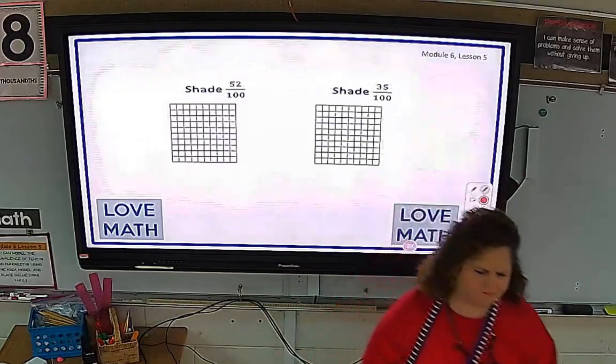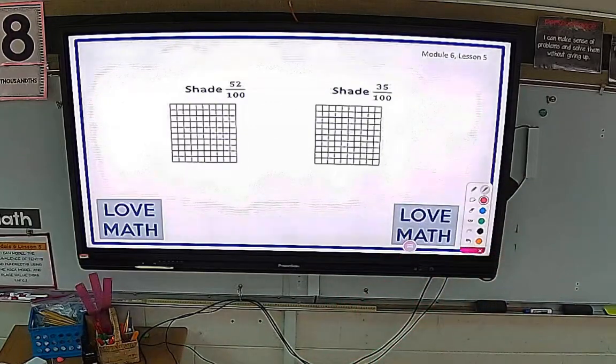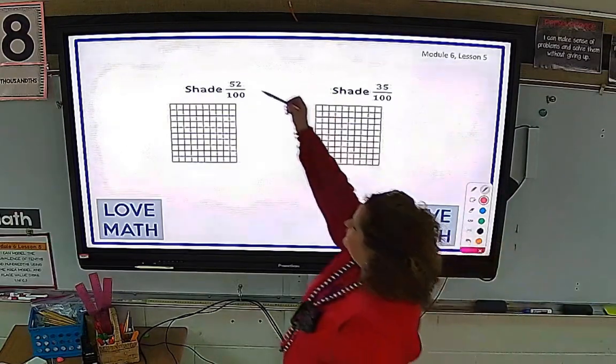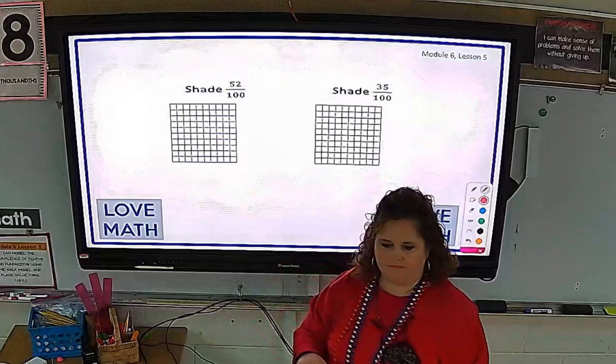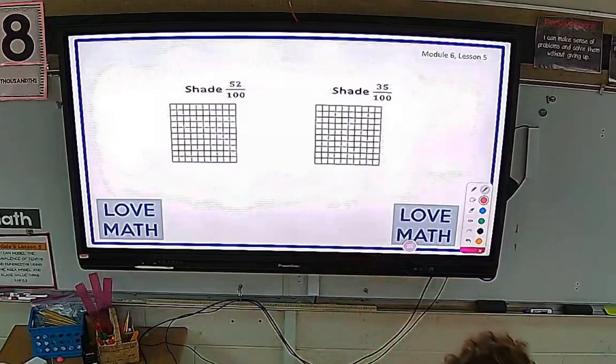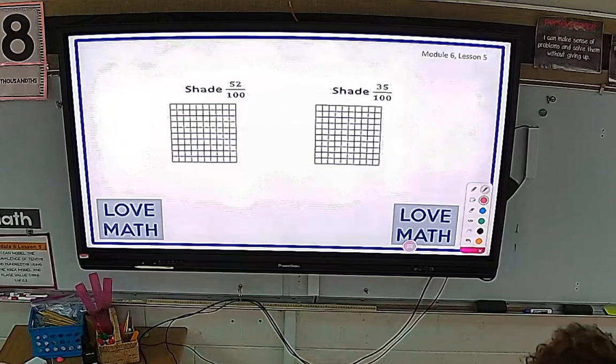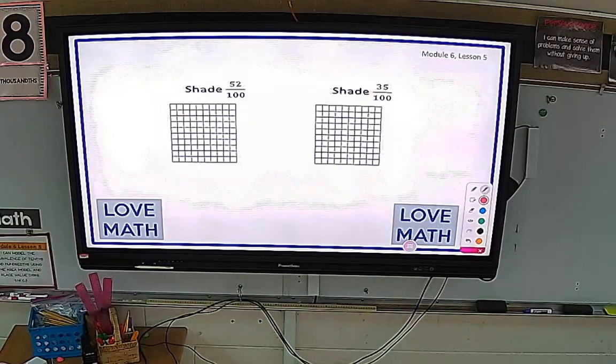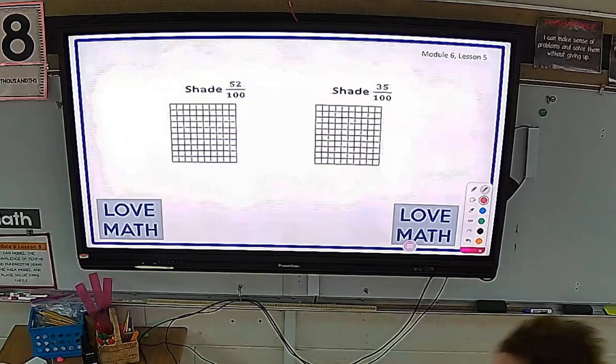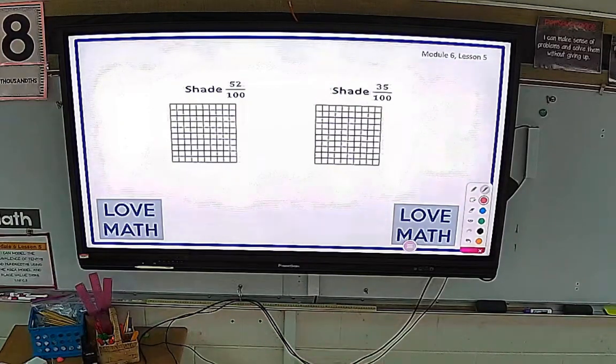So this gives us two hundreds boxes side by side. We've got two that are on top of each other right here. We'll just use those two. In the first one, I want you to shade 52 hundredths. Go ahead and do that in the first hundredths box that you have.